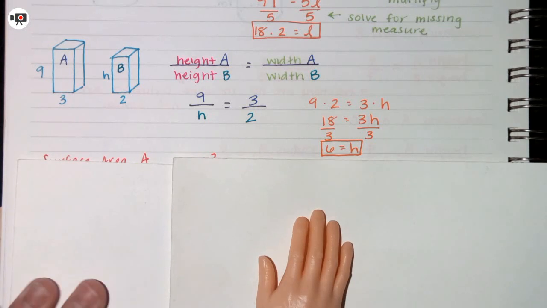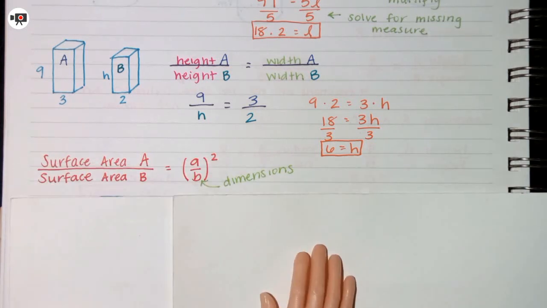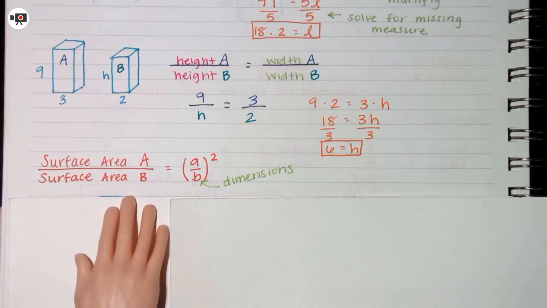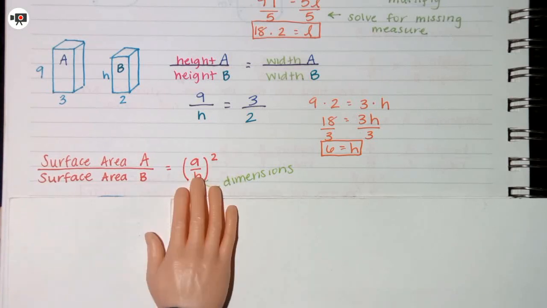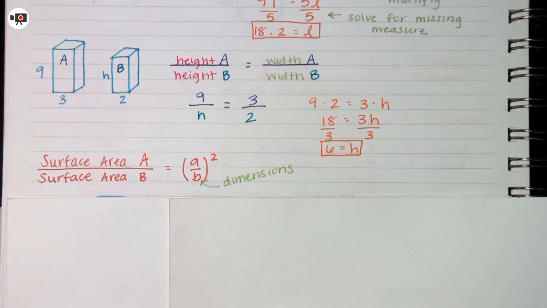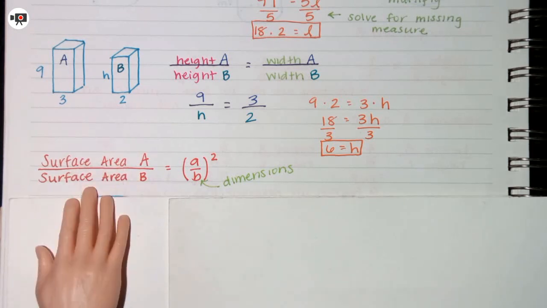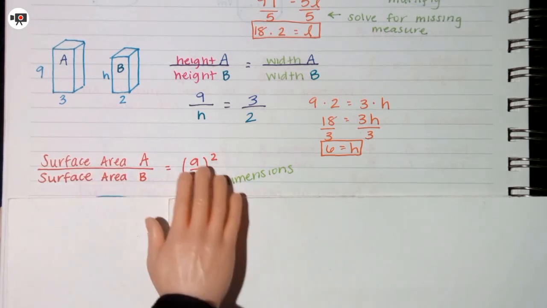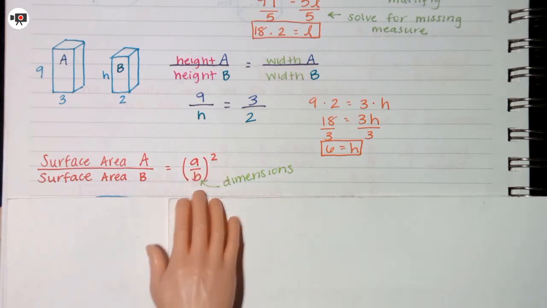If I am given the surface area of a figure, I can find the missing dimension, or if I know the dimensions, I can find the missing surface area. So surface area of A over surface area of B is the dimensions of A over B squared.